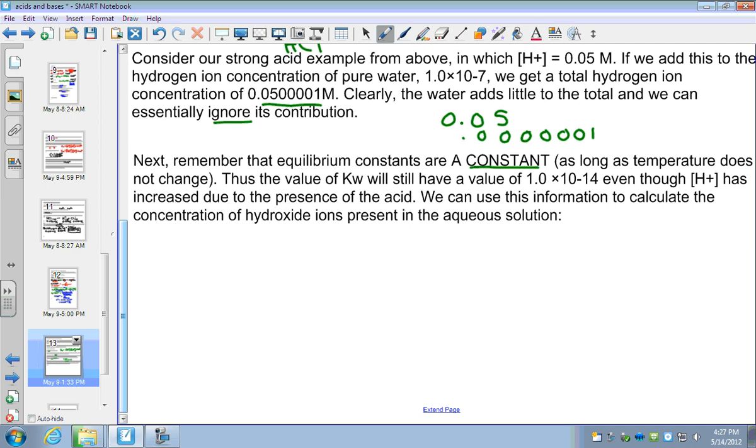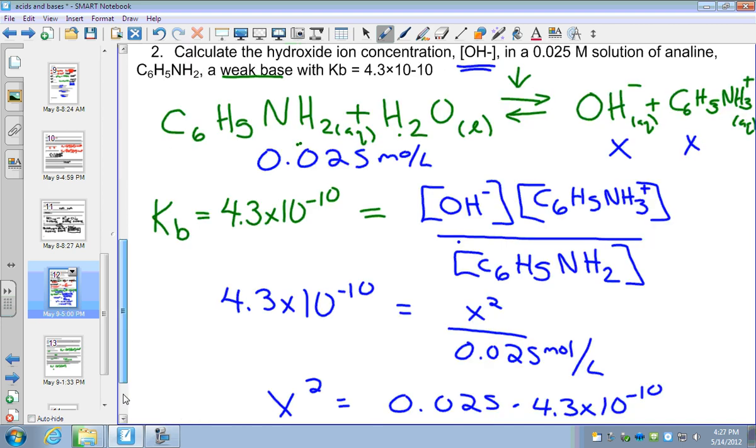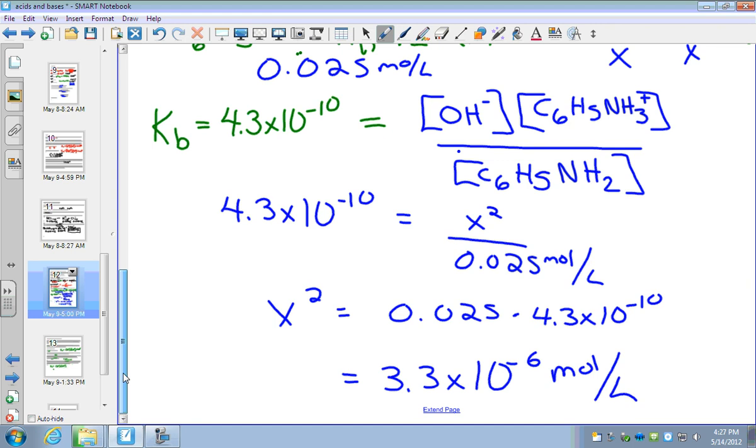So we know that Kw is equal to the concentration of H ions times the concentration of OH ions. Sorry, we're not back at the earlier example. We're still looking at HCl. I got ahead of myself.